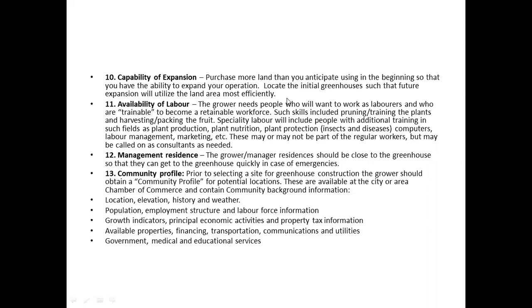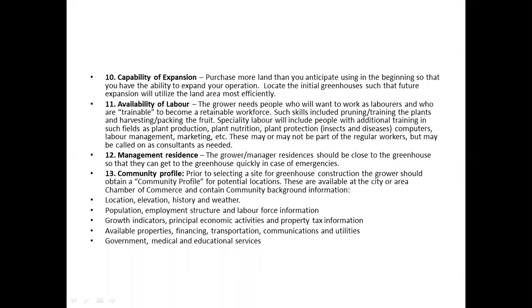Okay, community profile, they have told that the grower should obtain a community profile, or he or she should have proper data for the area, data of the region, which is needed for marketing or for the commerce section. So these are various points: location, elevation, history, weather, population. These are many factors which are used in these cases. So this was about the community profile.